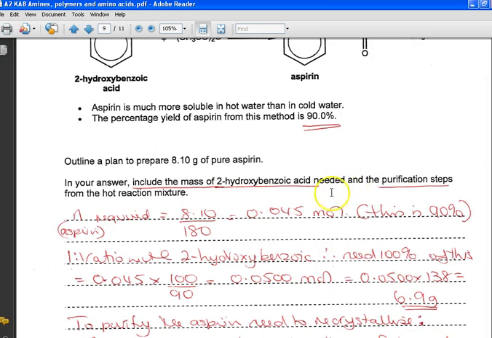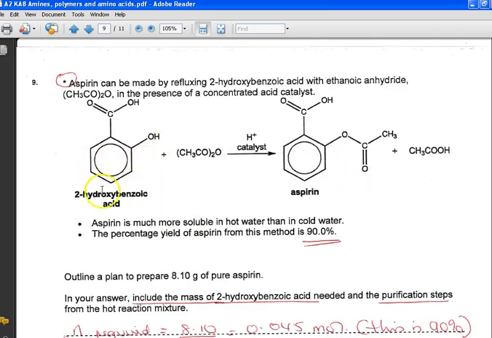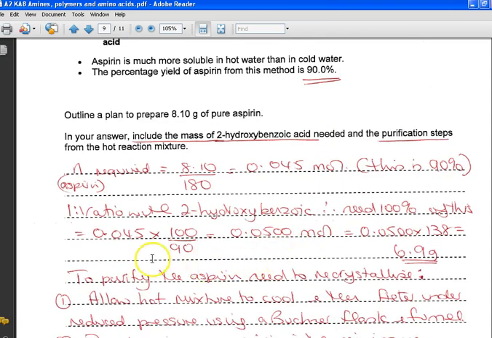Okay, all right, so I've worked out how many moles of acid we require: 0.045 moles. But this is only 90% of our yield. It's a 1-to-1 ratio, 2-hydroxybenzoic acid to aspirin. So we're going to need another 10% worth of the 2-hydroxybenzoic acid. So we need to multiply that up effectively.